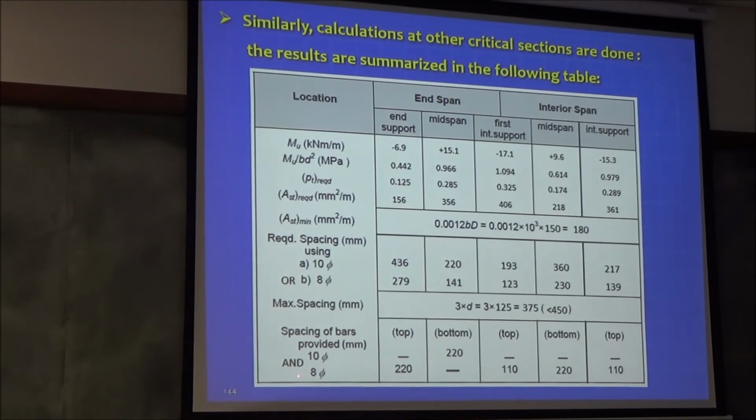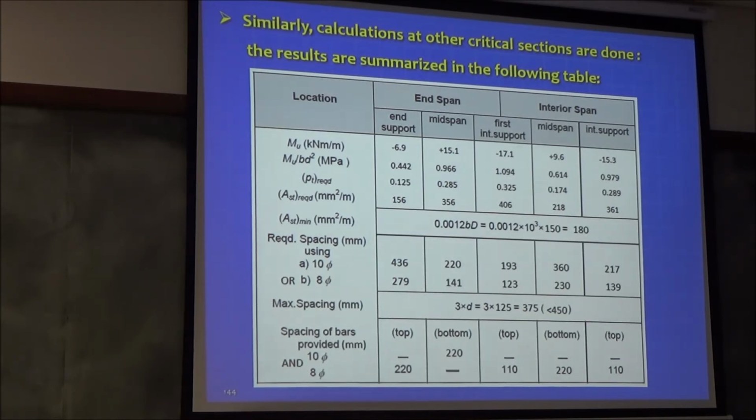Then you choose. For example, here I choose 10 mm at 220, and I go multiples of that. So once I've decided 220, my other half is 110. So 8 at 110, 8 at 220, and if required, I'll put extra steel on top. Is it clear? This is how it's done in practice.